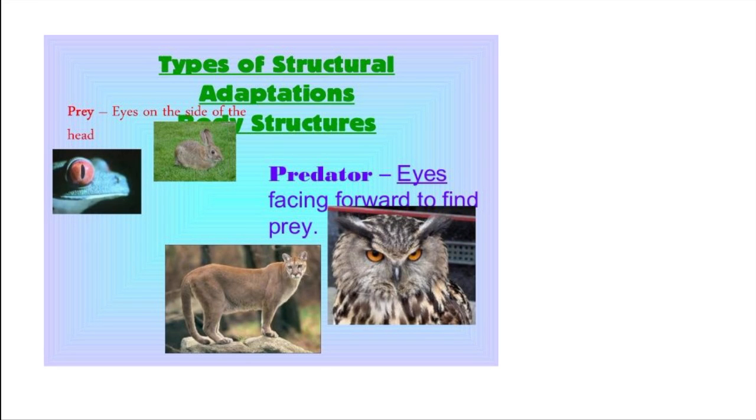Okay, types of structural adaptation: the eyes. The predator's eyes are facing forward to find prey. When they have to focus on one animal, their eyes are very focused and sharp.